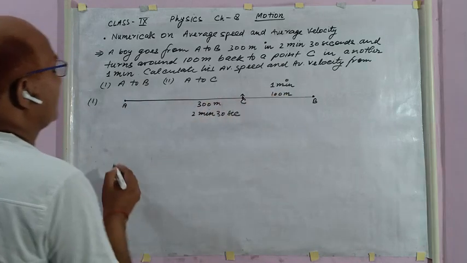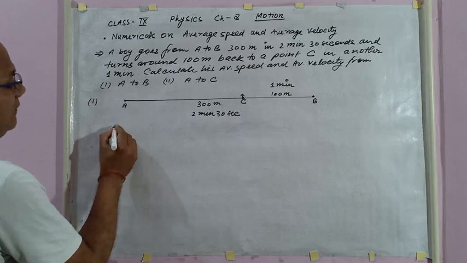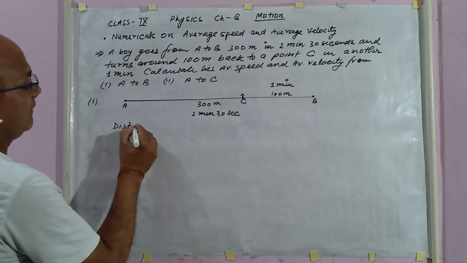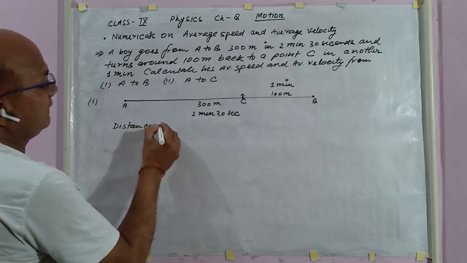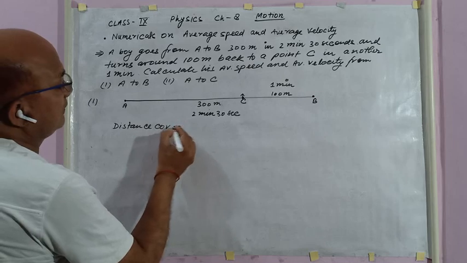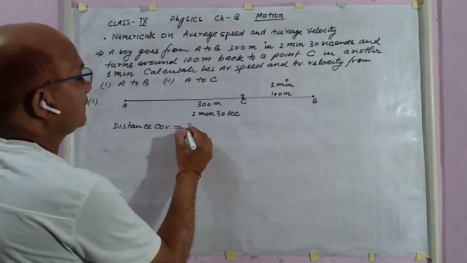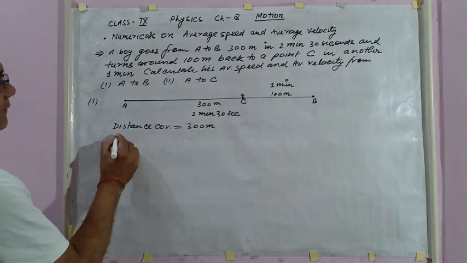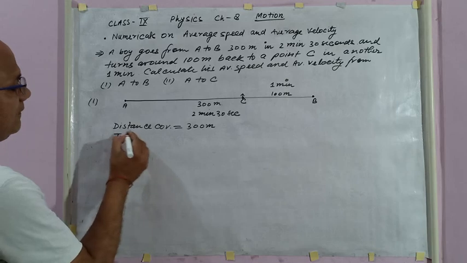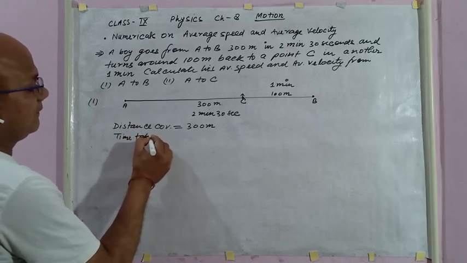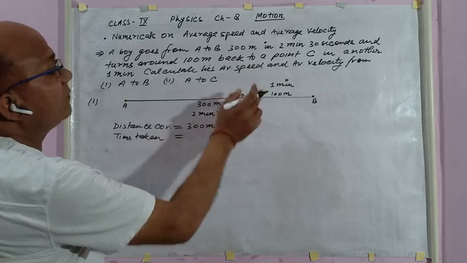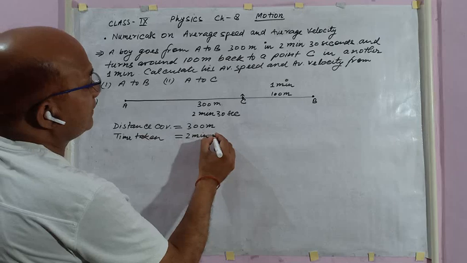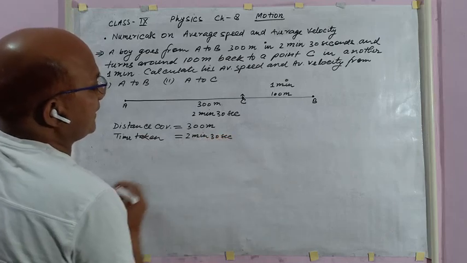So now from A to B, distance covered, this is 300 meter and total time taken from A to B, this is 2 minutes 30 seconds.